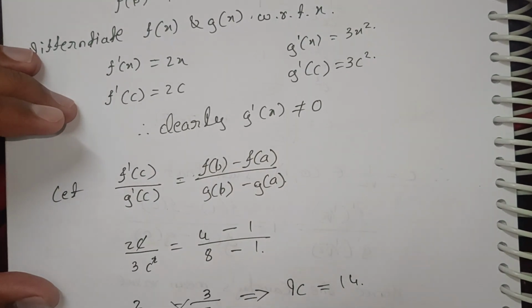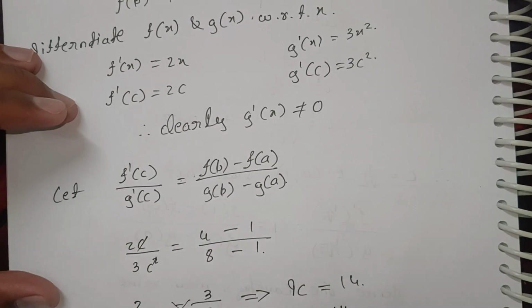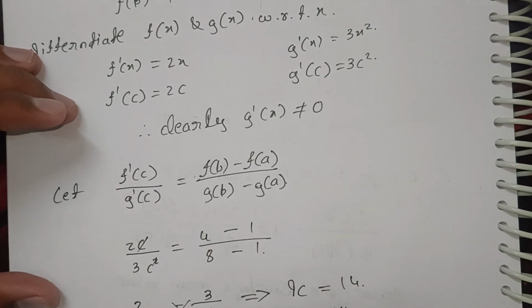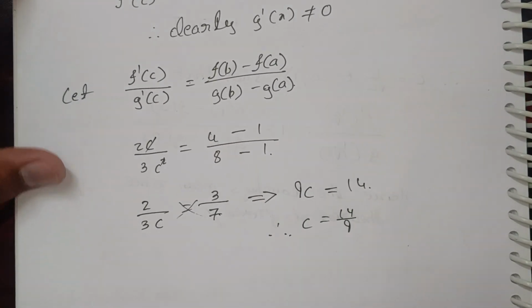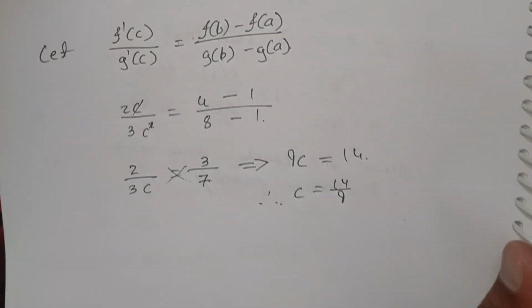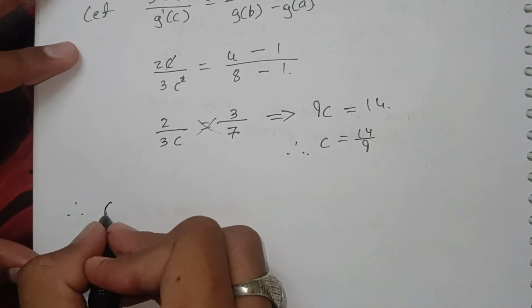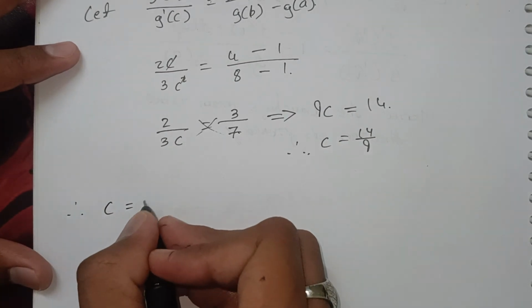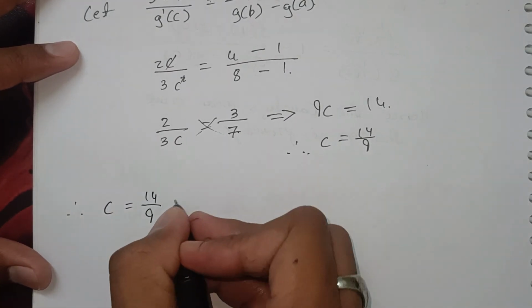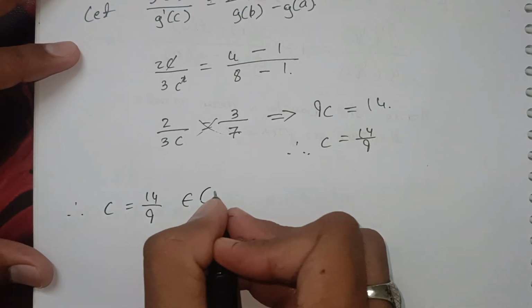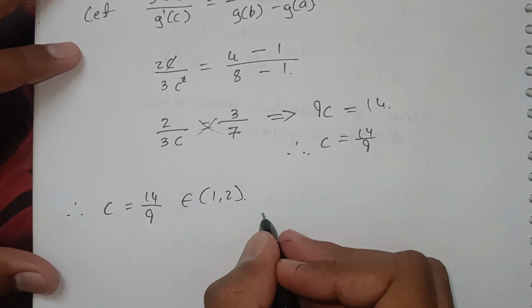Take 9 to that side, and we get 14 by 9. So we have got the c value. C is equal to 14 by 9, which belongs to 1 comma 2.